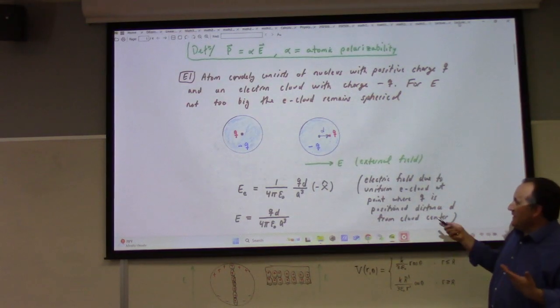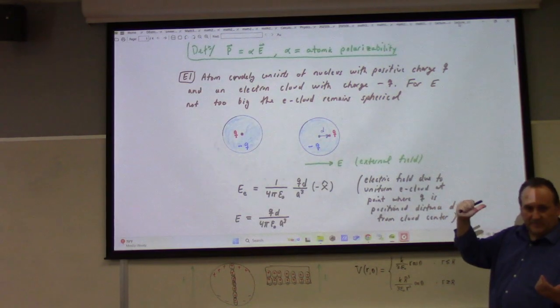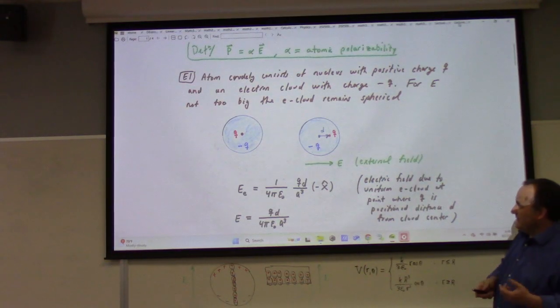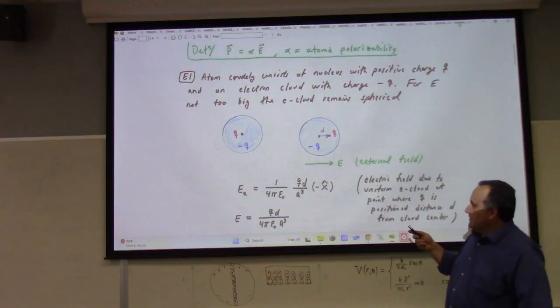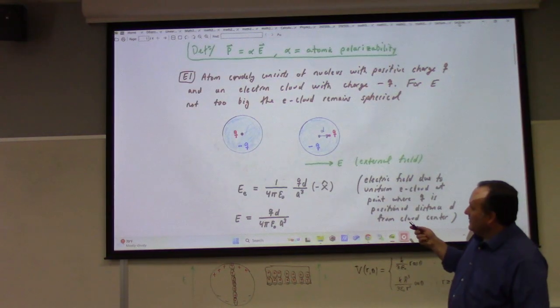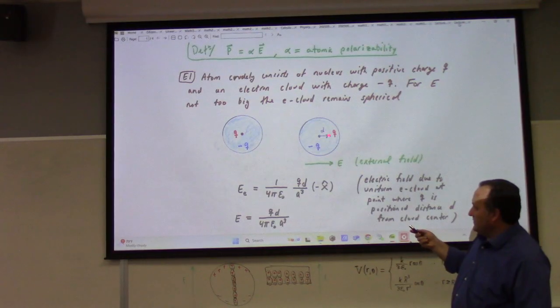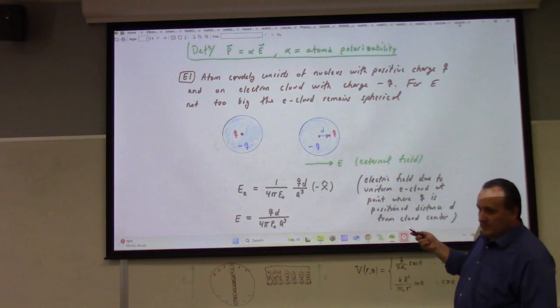And once you apply an external electric field, then what happens is the nucleus gets pushed that way a bit, all right? But then, if you think about it, there has got to be a balancing between the electric force due to the negative electron cloud versus the external electric field, which is displacing the nucleus, all right?